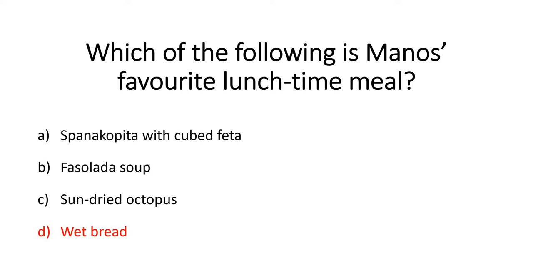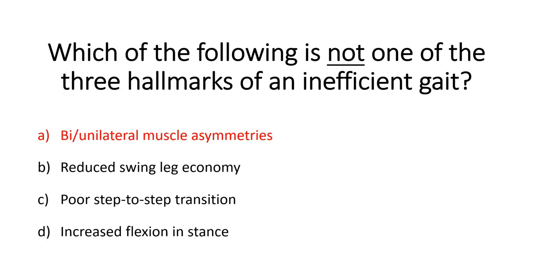Okay, moving on. Which of the following is not one of the 3 hallmarks of an inefficient gait? It is A, bi or unilateral muscle asymmetries. B, C and D are verbatim the hallmarks of an inefficient gait. If you look at your week 2, I want to say, lecture slides, I forget now.